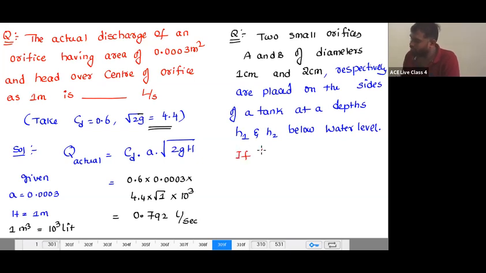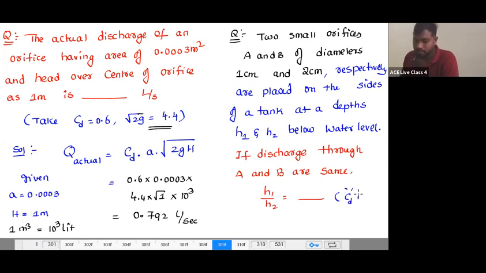If discharge through A and B are same, what is the ratio of H1 by H2? Take CD values also.